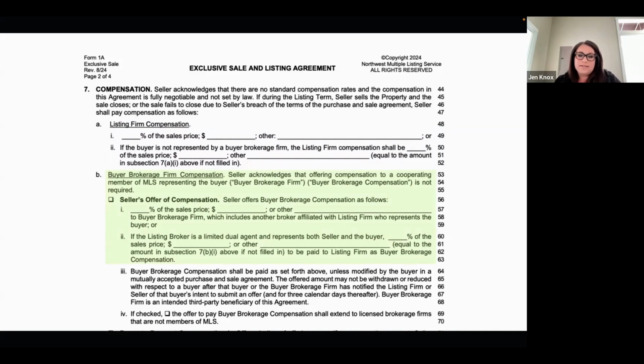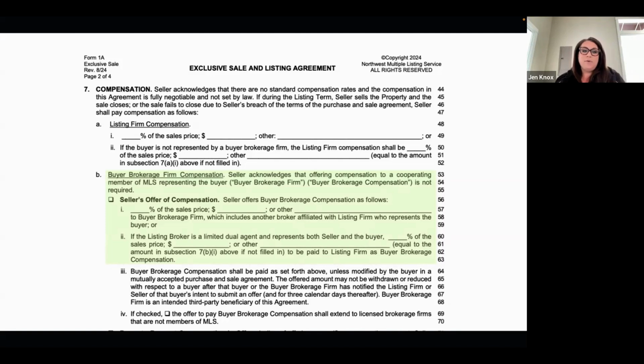Now, the one thing that has kind of been a little bit changed, but this still hasn't changed over the last couple years, is that if you are a dual agent, what it will do on the purchase and sale agreement is show the total compensation that you would receive having been a dual agent, because the new law says that any compensation that's being offered has to be disclosed in our purchase and sale agreement.